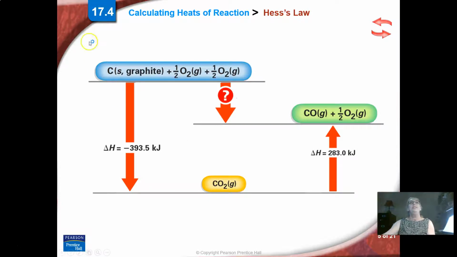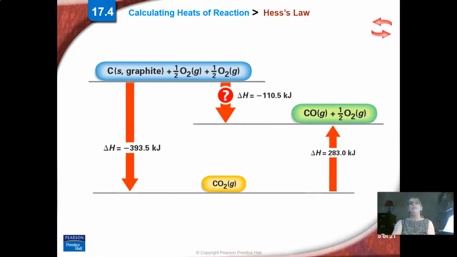So if we know this whole reaction, and we know this partial reaction, and this other reaction that changes carbon monoxide with oxygen into CO2, we can use these two sets of information to figure out this unknown part. We can take this number and figure out this difference right here, and that's what we're going to do when we use Hess's law.